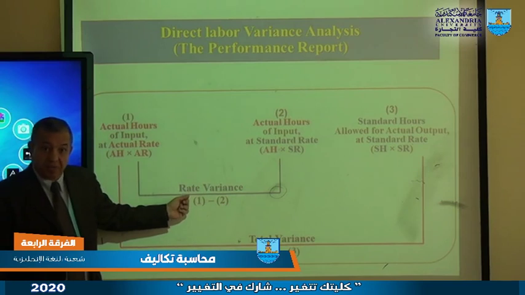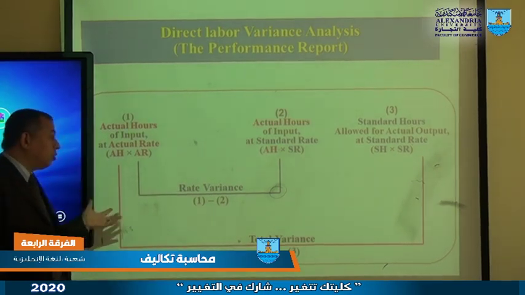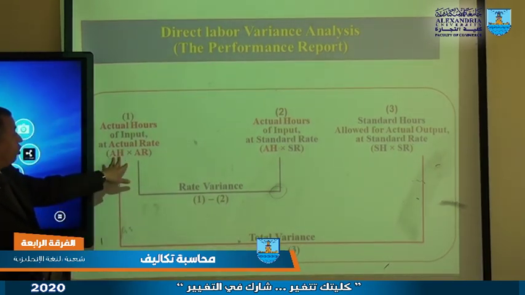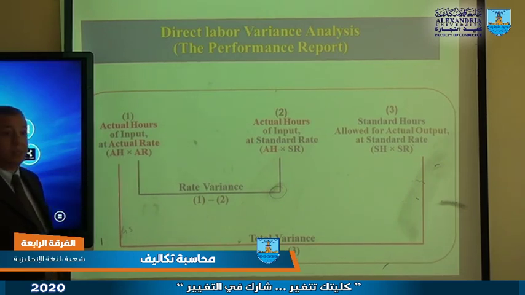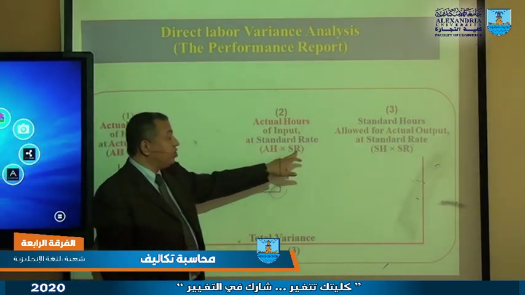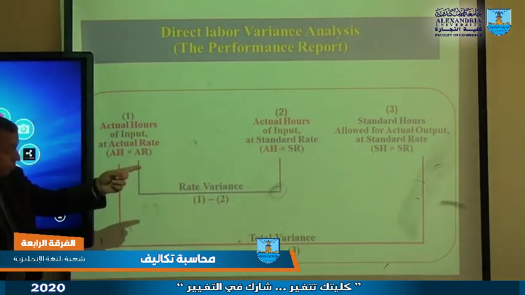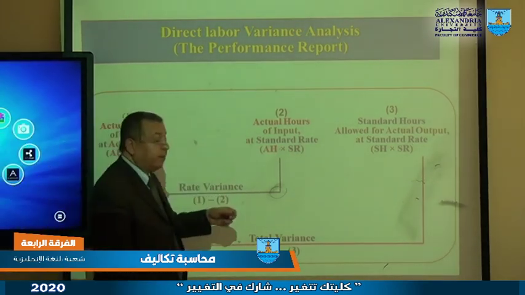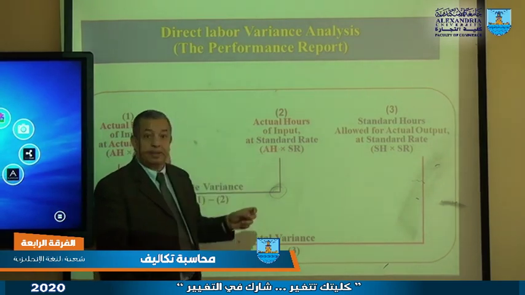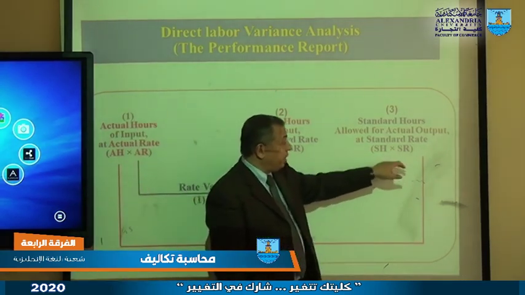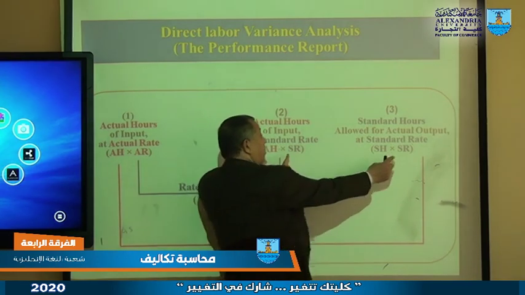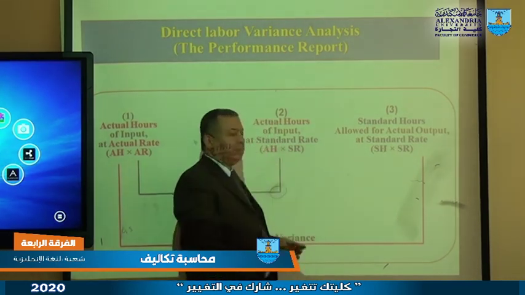Again, rate variance. How to calculate rate variance? Here I have actual hours, actual rate. Here I have actual hours, standard rate, so the difference is between rates. What about the difference between 2 and 3? Here I have actual hours, standard rate, and standard hours, standard rate. My common factor here is standard rate, the same rate.